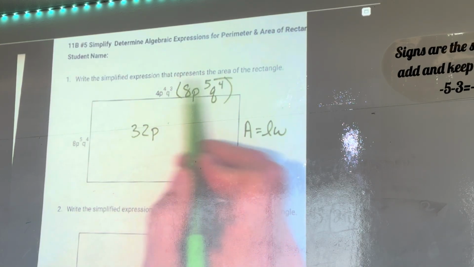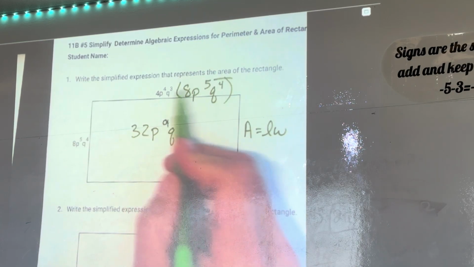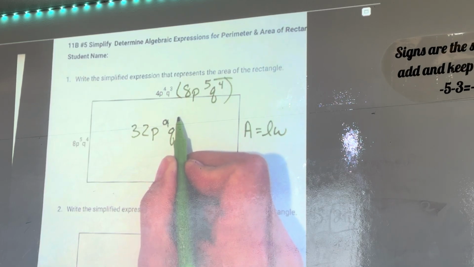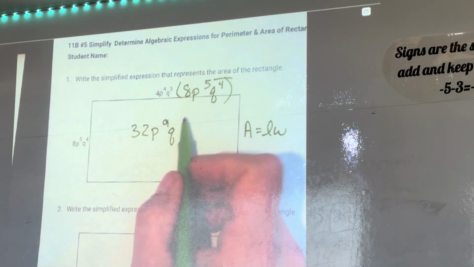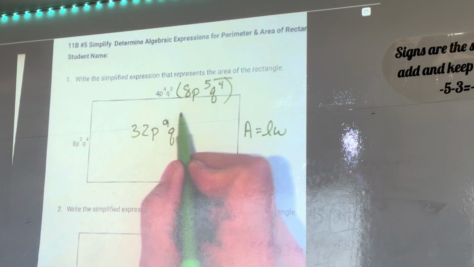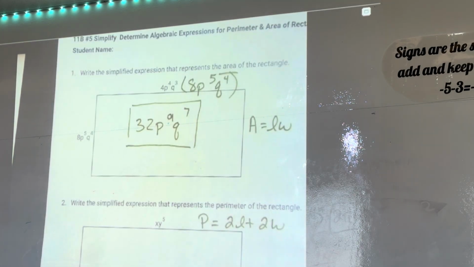So 4 plus 5 is 9, and 3 plus 4 is what? Brandy? 3 plus 4? 7. Very good. So that is your final answer: 32p to the 9th q to the 7th.